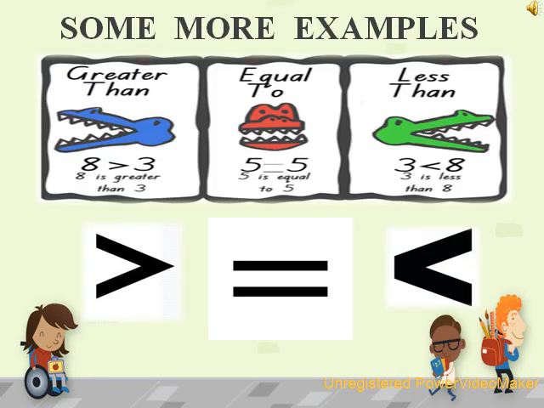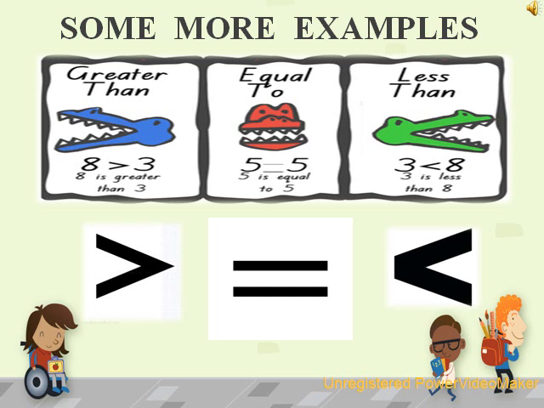Here 3 signs are there: greater than, equal to, less than. We discussed greater than sign. In blue color you can see greater than sign. Just below blue color is the sign we will use in our notebooks. Equal to. What do you mean by equal to?